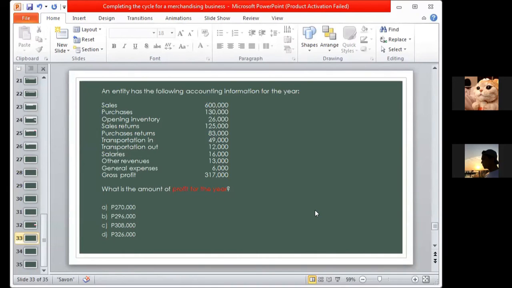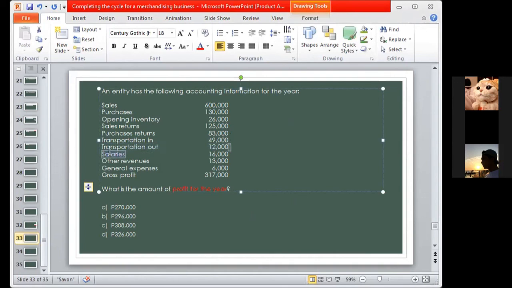Okay, sige, tanungin ko na lang kung paano mo nakuha yung letter A. Mag-unmute ka na lang, Rika. Ano yung mga ginamit mo para makuha yung 270,000? Transportation out, salaries, revenues, tapos general expenses.